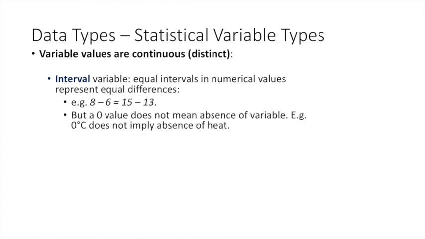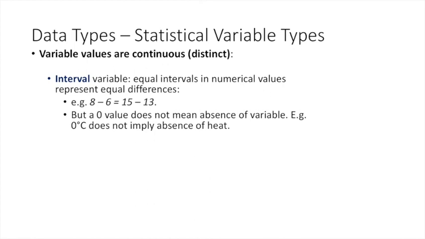However, when the value of an interval variable is 0, it does not signify the absence of this variable. For example, 0 degrees Celsius does not imply absence of heat because clearly objects can get even colder. So 0 for interval variables is just another value.